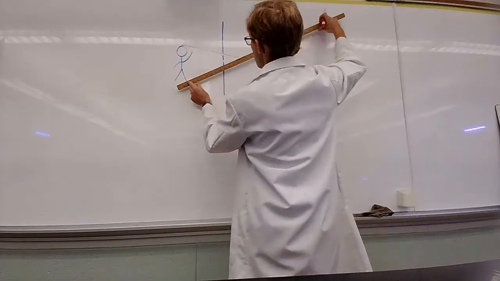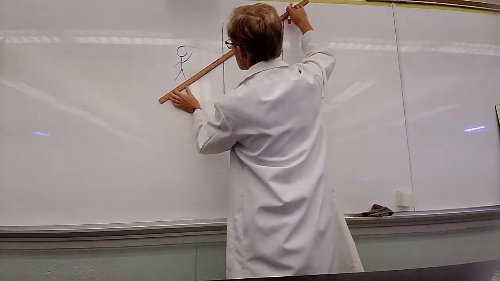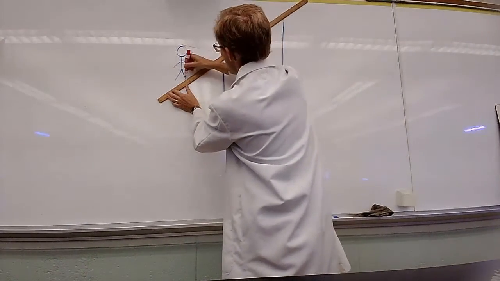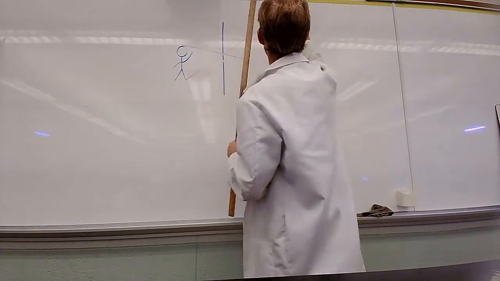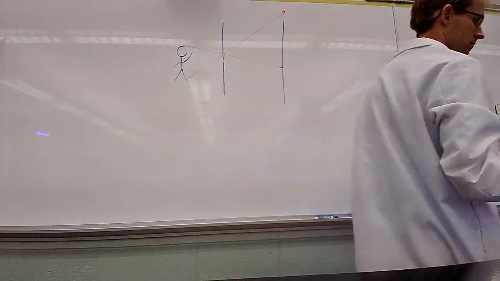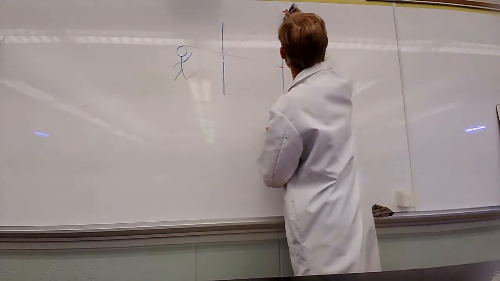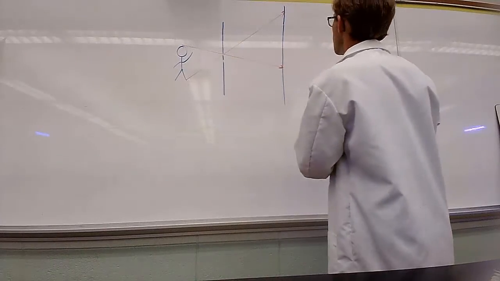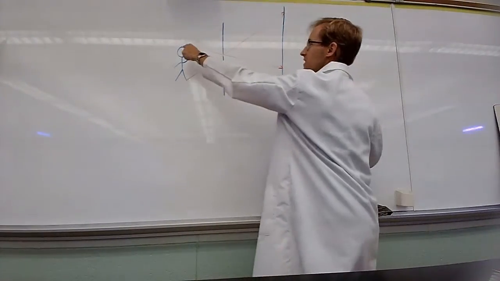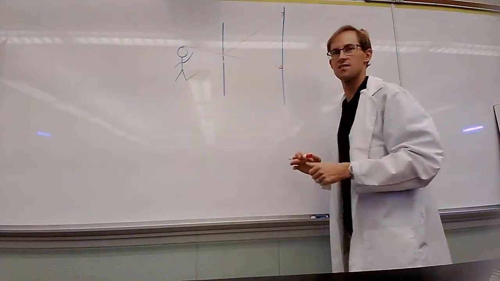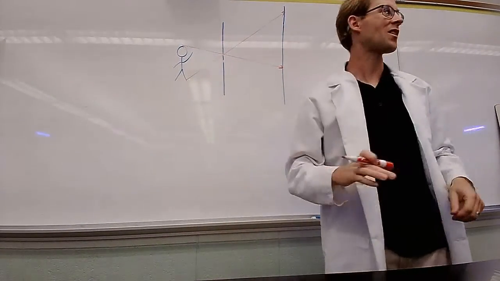So on the bottom, in order for these light rays to make it through that pinhole, they have to go up at a certain angle in order to make it to that sheet of paper. So what does this mean? It means that he's exactly right. Well done. Right off the bat. Man, usually this takes a little while.